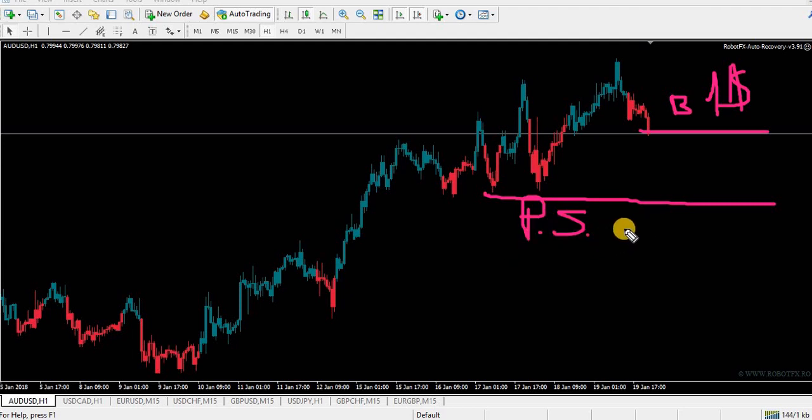This pending sell order will usually have a higher lot size. It's almost similar to martingale, but not quite the same. Let's make it $2.